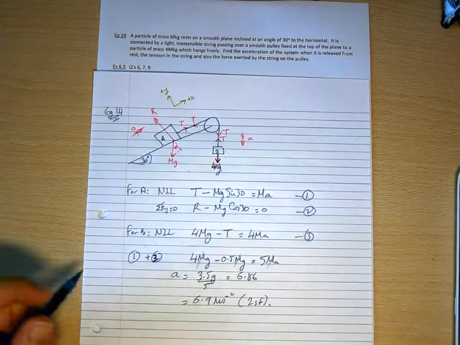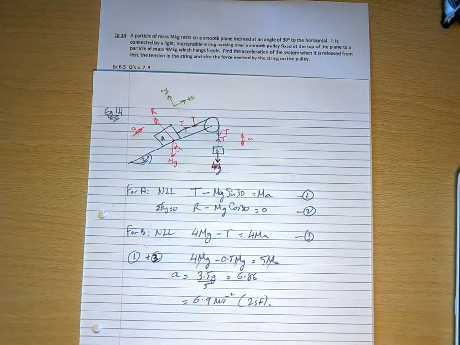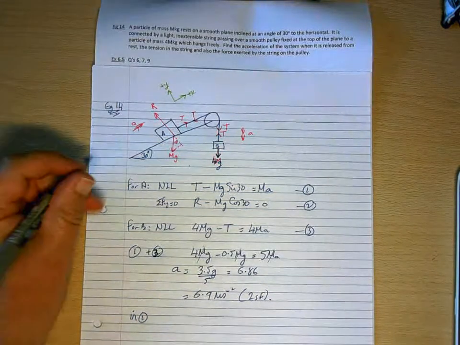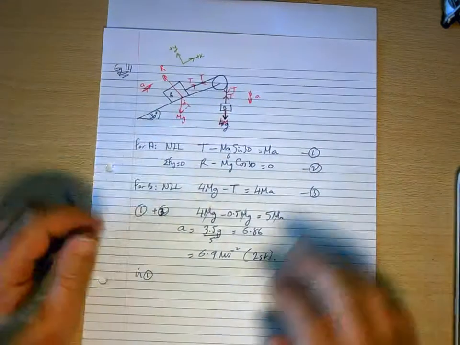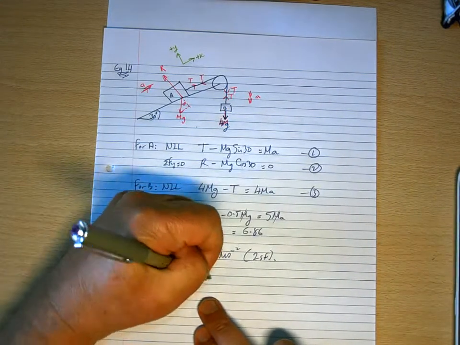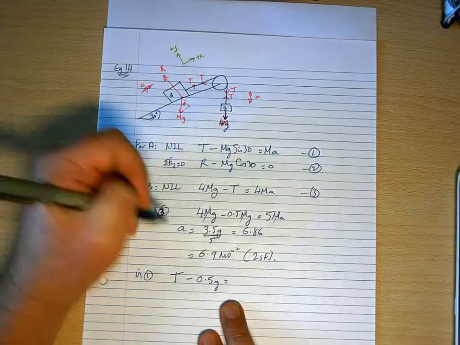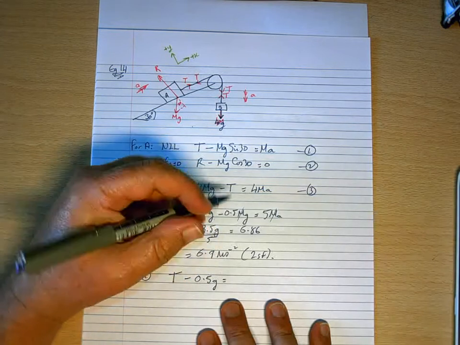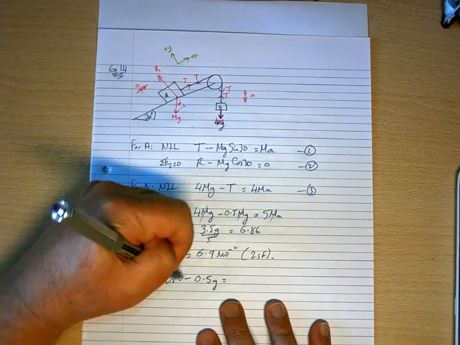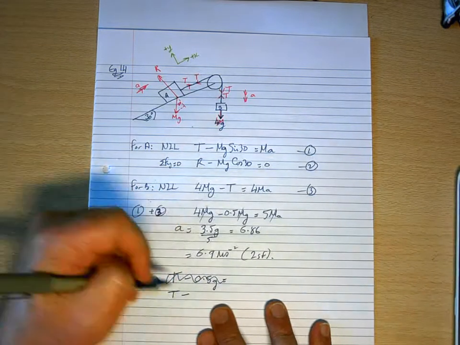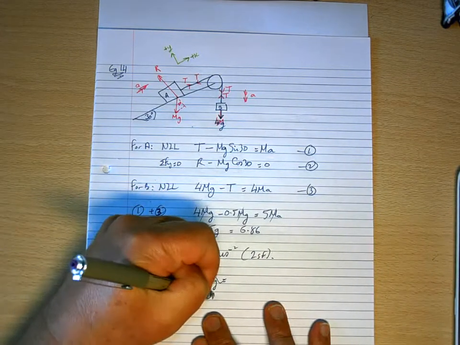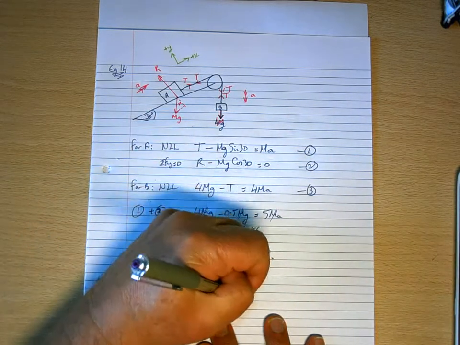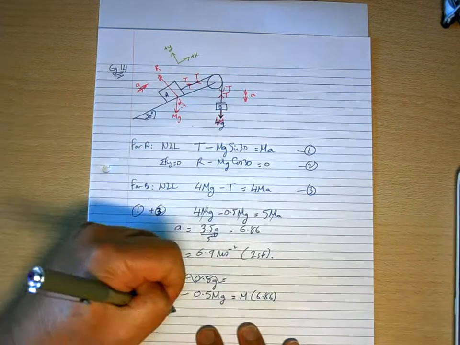The tension in the string, so I'll get the tension in the string from 1. So in 1, T minus 0.5 mg equals m times 6.86.